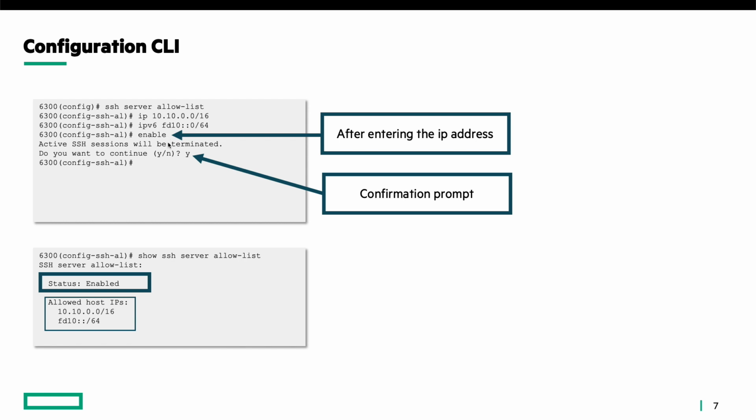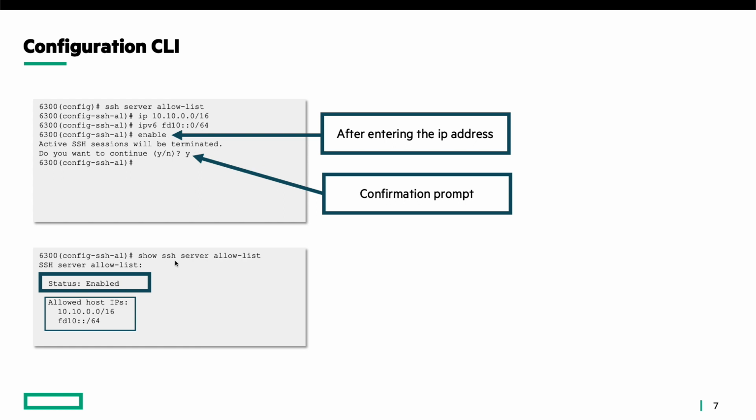When you type enable, a warning message is displayed: do you want to continue? If you type no, nothing happens. If you type yes, at this stage the session will be terminated, and you need to reconnect via SSH from a legitimate, allowed source IP address.